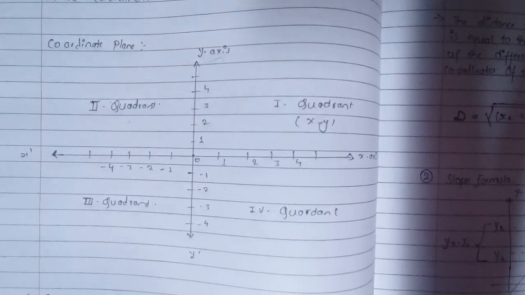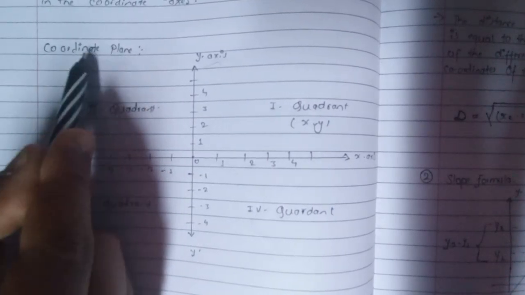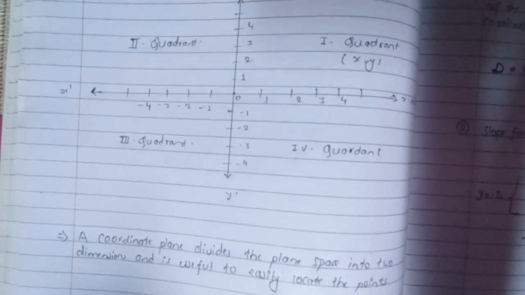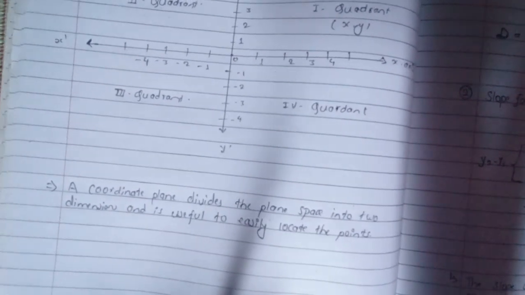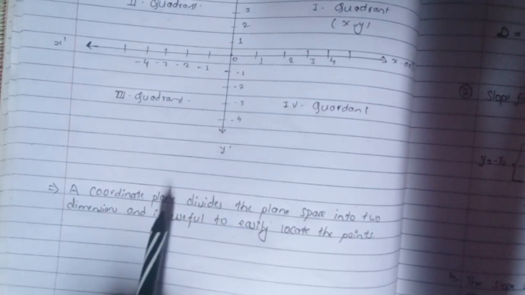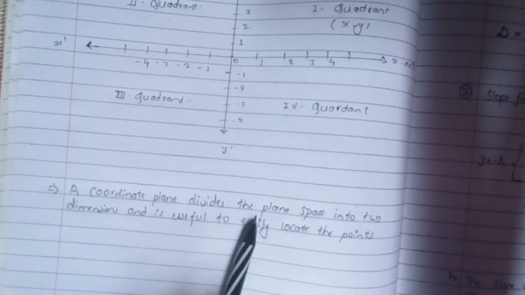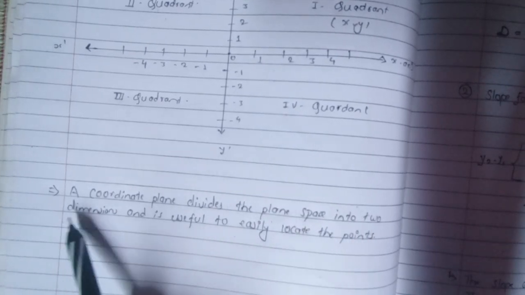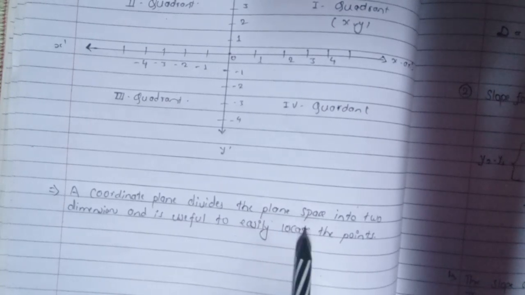So what is a coordinate plane? Let's discuss the coordinate plane. As you can see, the definition: a coordinate plane divides the plane space into two dimensions, and it is useful to easily locate a point.